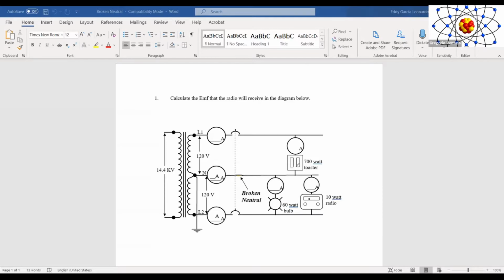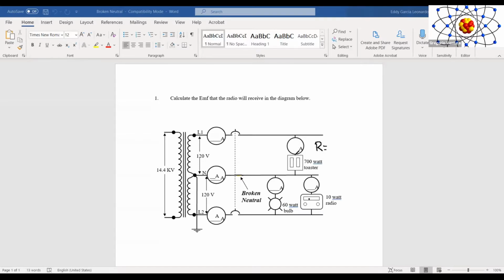Now, one factor, one value that will never change inside these devices will be resistance. So resistance will not change. If I were going to lose the neutral, the departing point to determine the behavior of these devices is the initial resistance that they have.